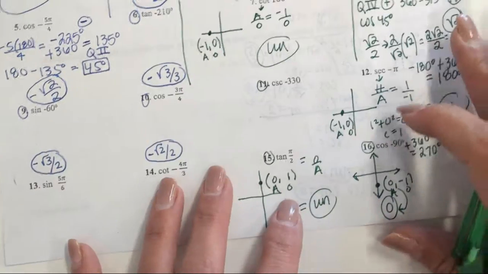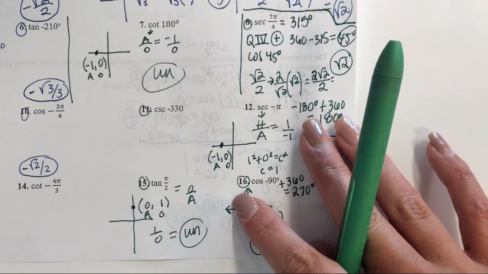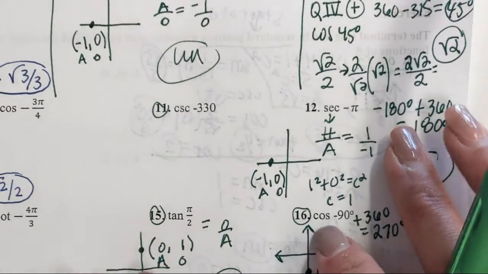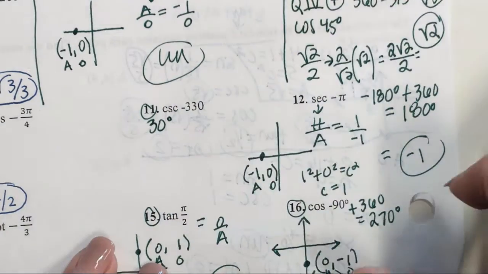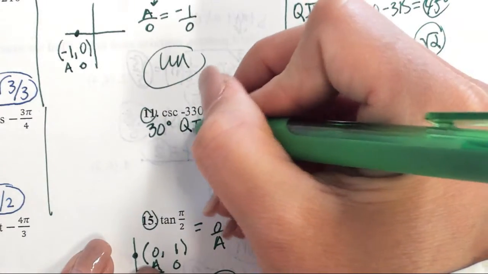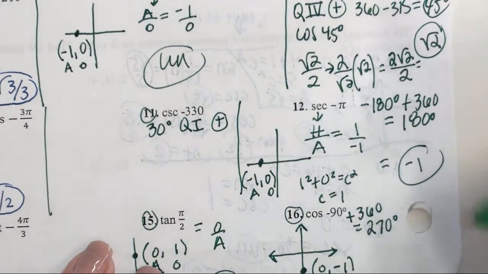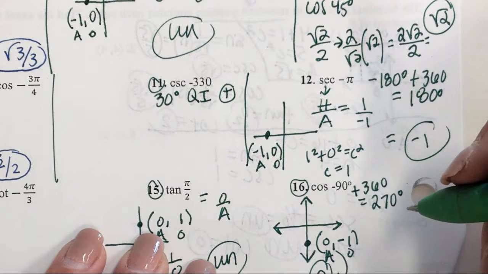Alright, this next one, number 11, negative 330. What's the first thing we have to do here? Alright, so when we do that, we'll get what? Very good. So this is in quad what? Is it positive or negative then? Good, everything's positive in quad 1. We're going to find what of 30 degrees?